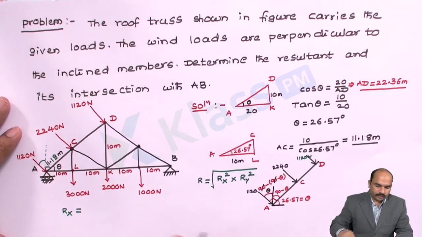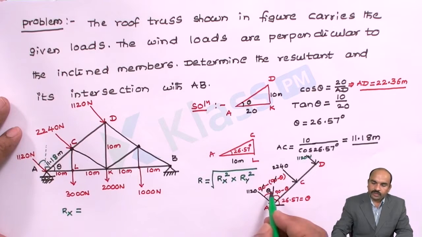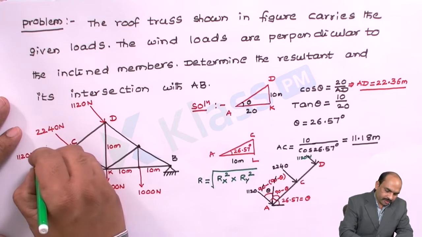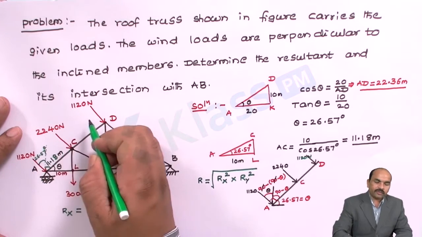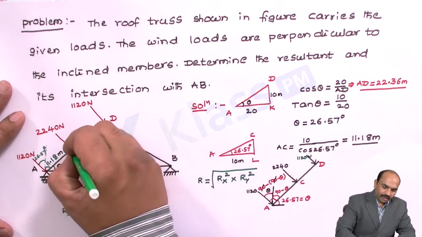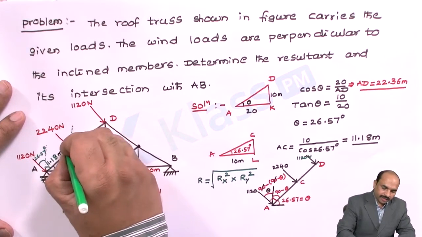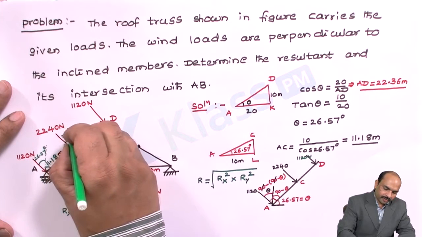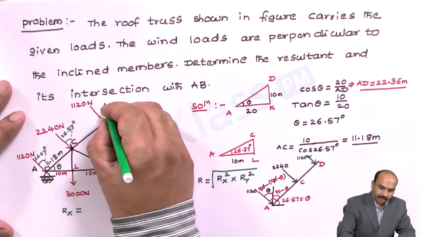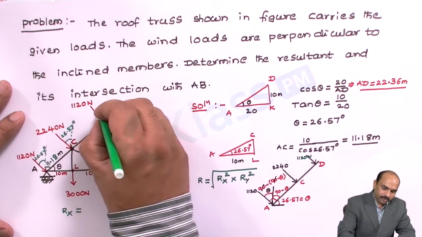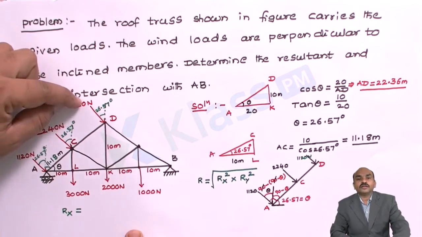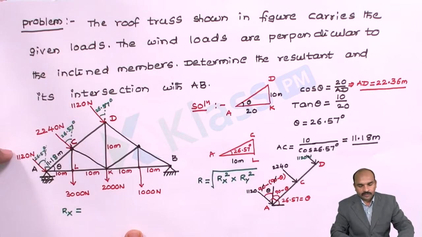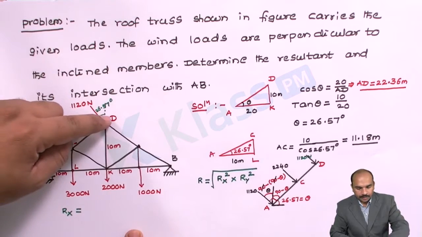Theta is 26.57 degrees. All three forces are parallel to each other, so their angle will also be the same, 26.57 degrees, and these three forces are perpendicular to this.